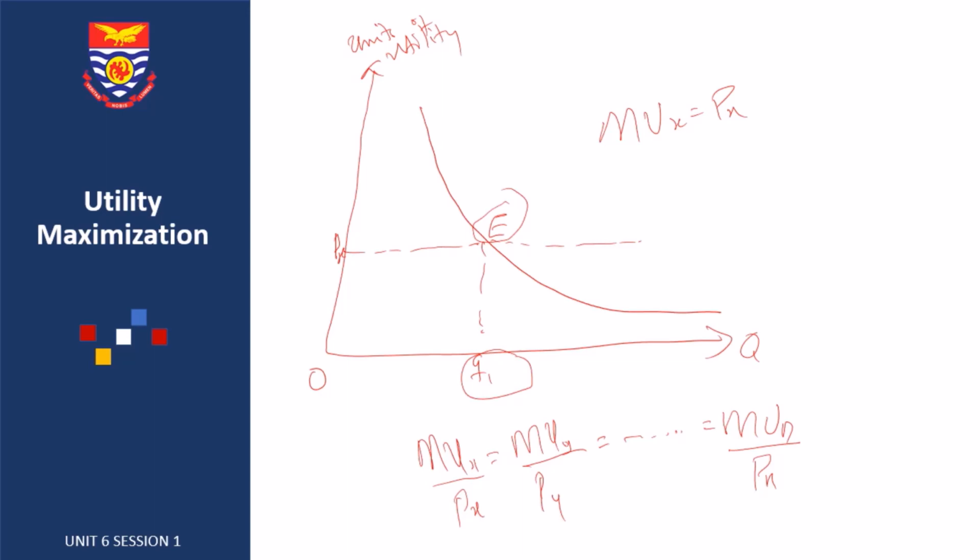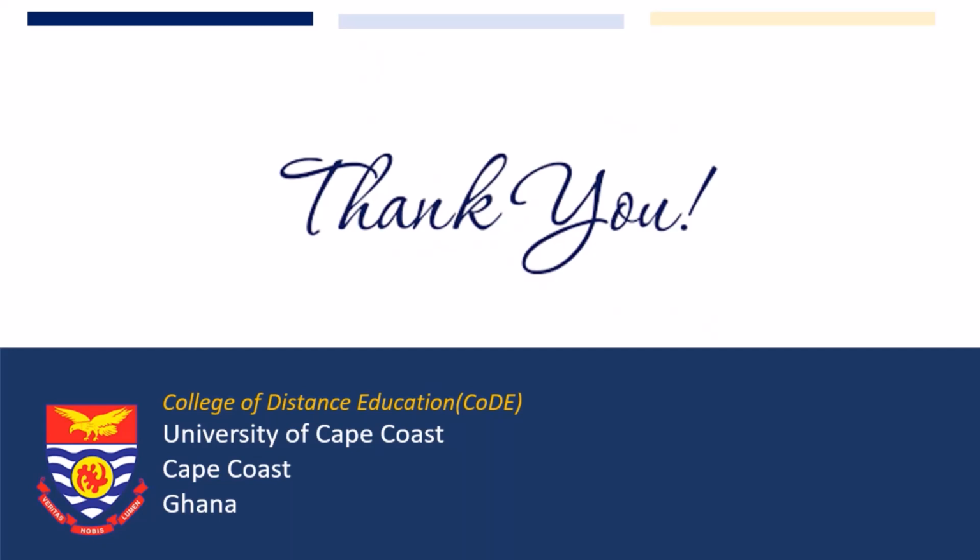Hence, given the marginal utility schedules of the consumer for commodities, a change in the price of one good will cause the consumer to rearrange his or her purchases. The consumer will decrease the consumption of the good whose price has risen and increase his consumption of the good whose price has decreased. That brings us to the end of this session.